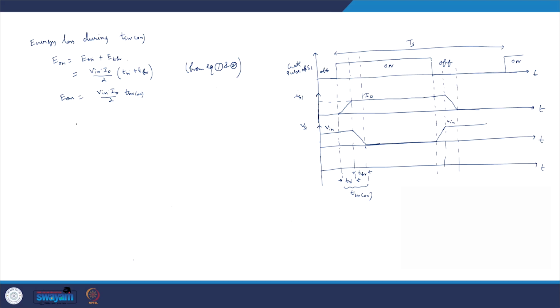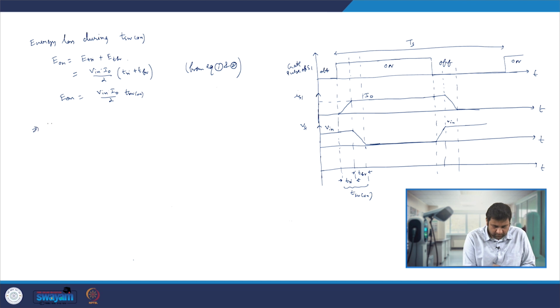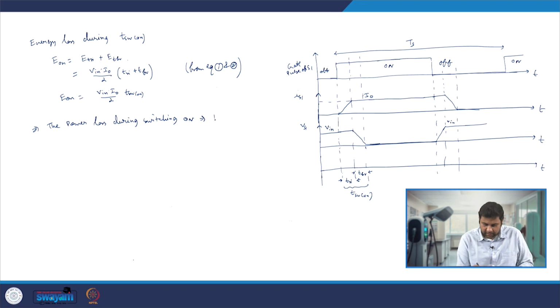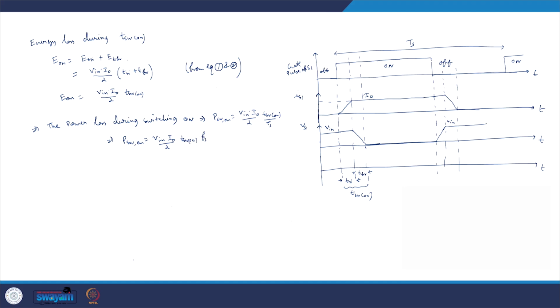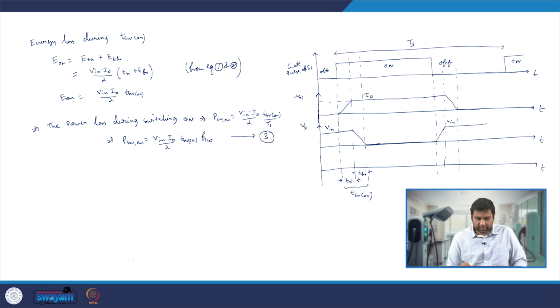So the power loss during switching on, P switch on, is V_in I naught by 2 times T switch on by Ts, which is V_in I naught by 2 times T switch on times F switching. Let us define this as equation number 3.